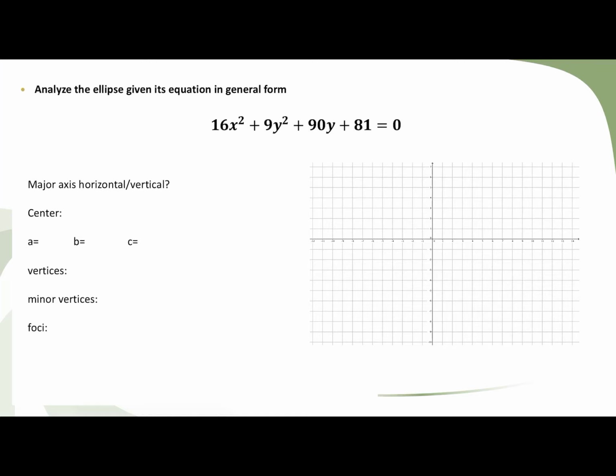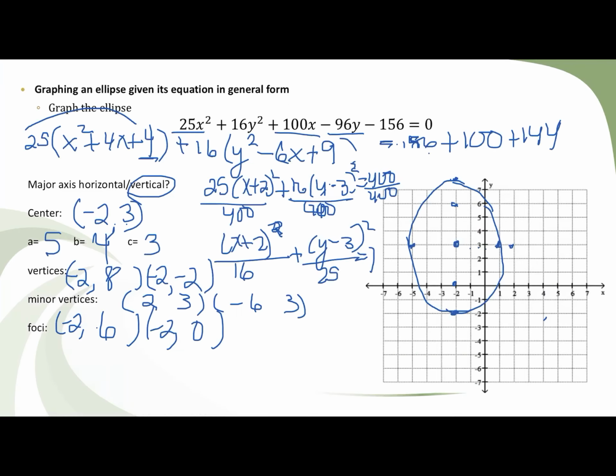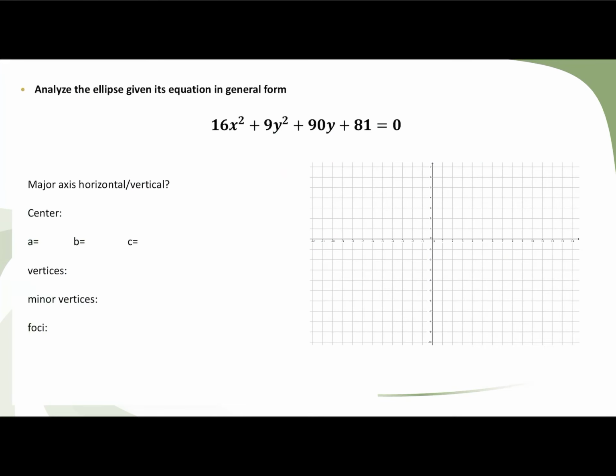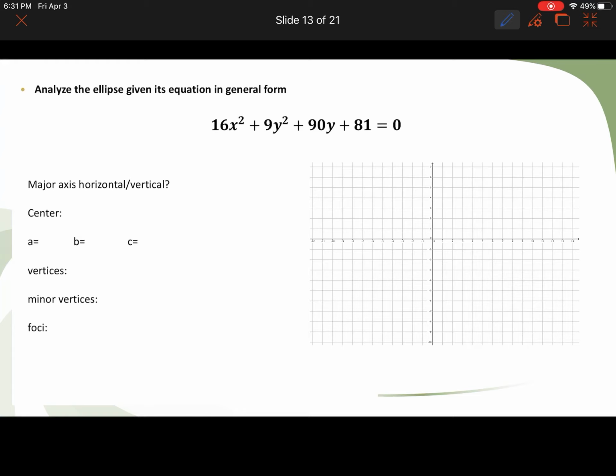If you notice, when you want to put this into the standard form, we don't have any other x's, so that one's done. So 16x squared, that's done. I don't have to complete the square for that. So then I have these two.